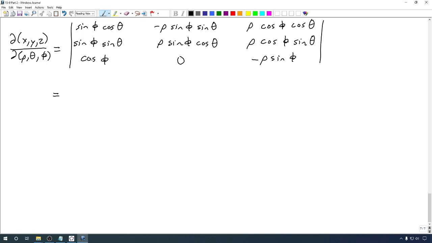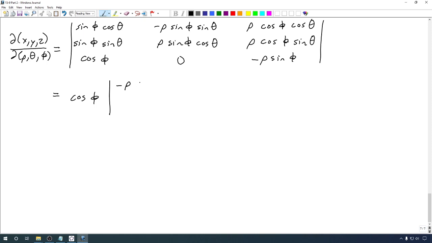So what you do there is you take the cosine phi, take out that row and column, and look at that 2×2 determinant. You end up with a cosine phi times the 2×2 determinant from up here.